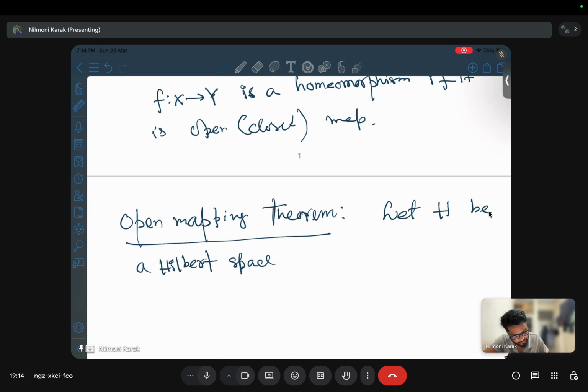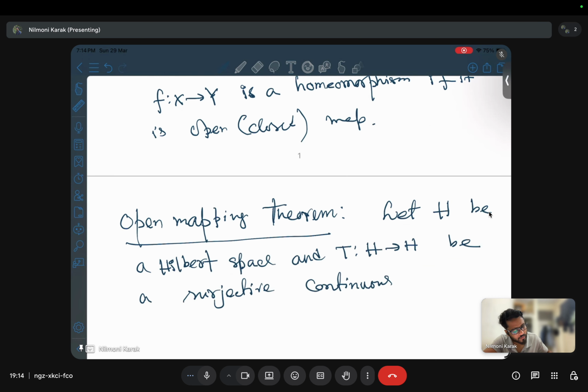And let T: H to H be a surjective continuous linear map, then T is an open mapping.